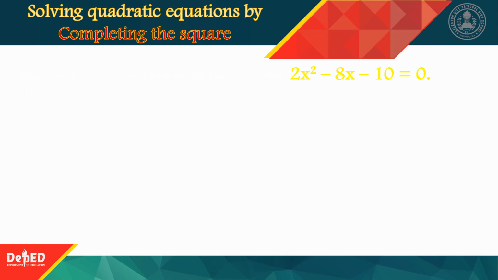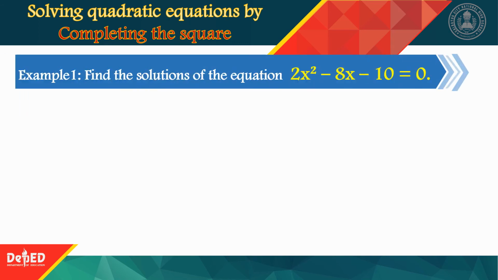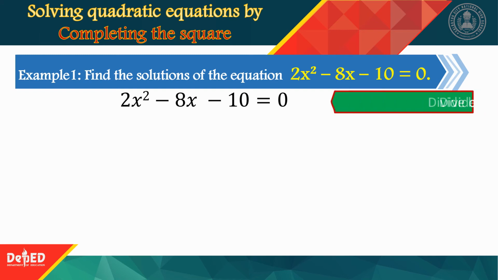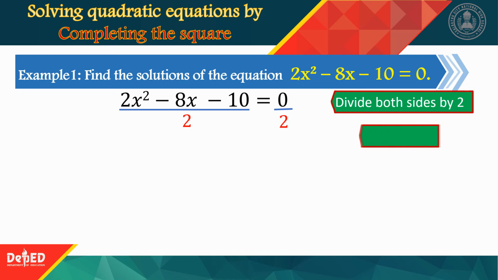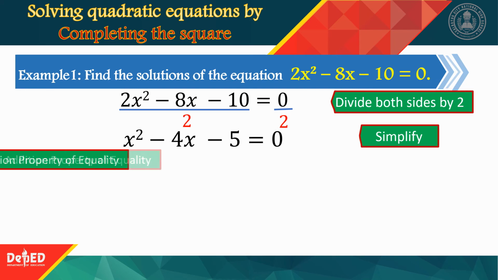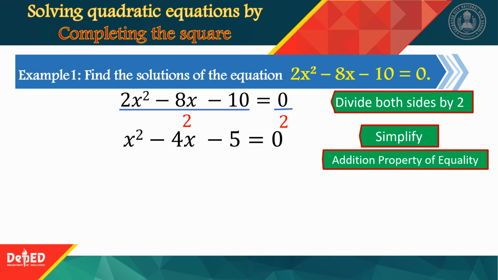Solving quadratic equations by completing the square. Example number 1. Find the solution of the equation 2x squared minus 8x minus 10 is equal to 0. Divide both sides by 2. Then simplify. The resulting equation is x squared minus 4x minus 5 is equal to 0. Then, by the addition property of equality, add 5 to both sides.